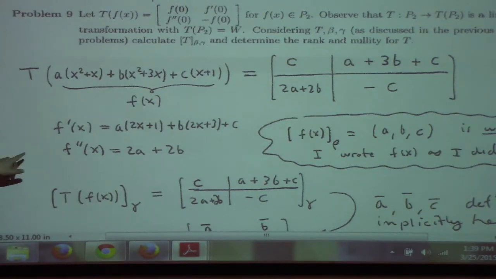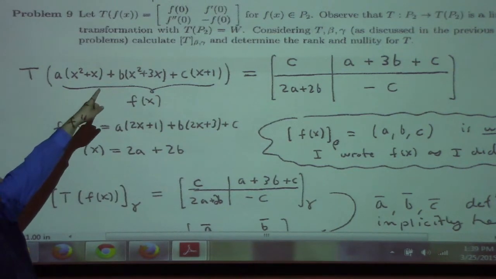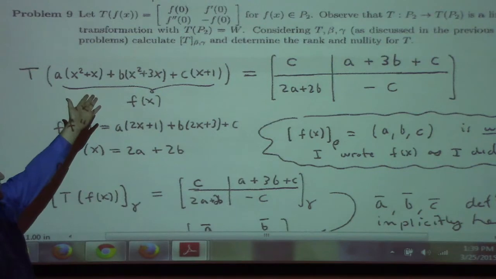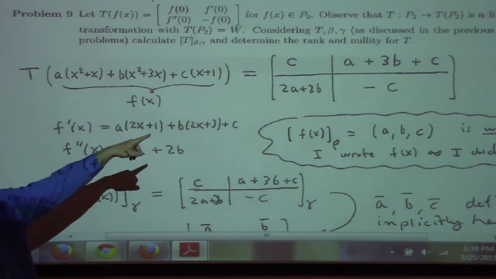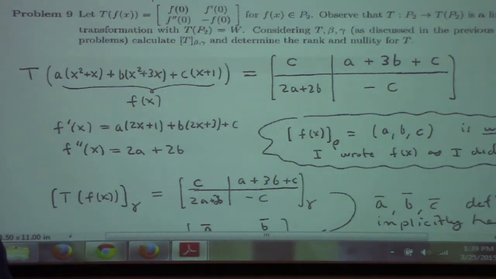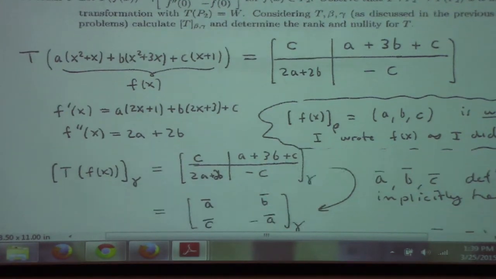If you do that, then you just follow the definition: f of 0, f prime of 0, f prime of 0 minus f of 0. You get those over there, right? c, a plus 3b plus c, 2a plus 2b, and minus c. I got that from differentiating and then plugging in 0 into these. So look at what you got.